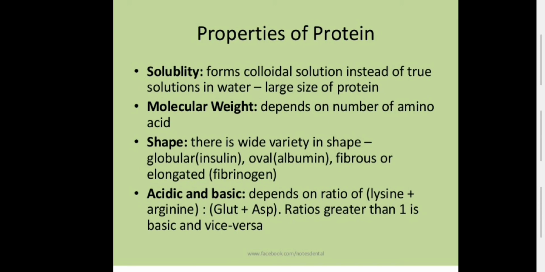Some of the research on Google or on the internet said that it can be 0 to 7 for the acidic, and 7 to 14 for basic, but eventually it was corrected by the International Union of Pure and Applied Chemistry, the IUPAC, that the exact range of the acidic is from 0 to 6.9, and the 7 stands for the neutral, and 7.1 to 14 would be the basic.